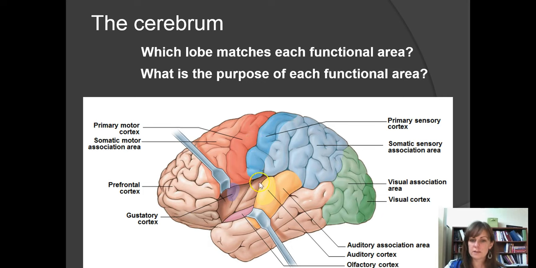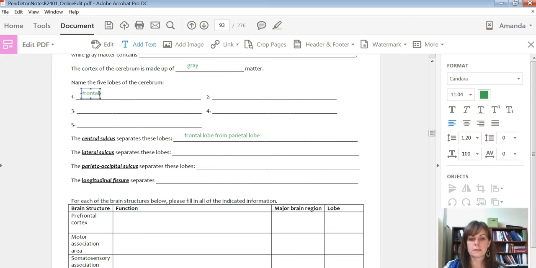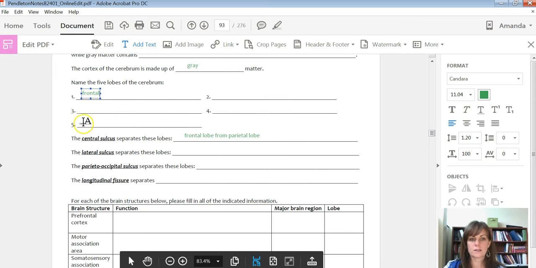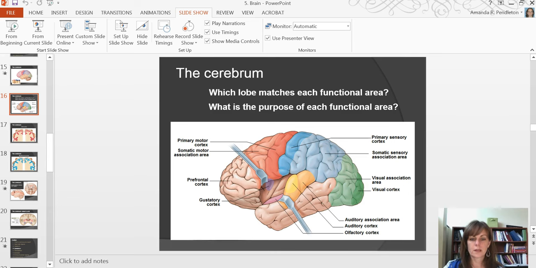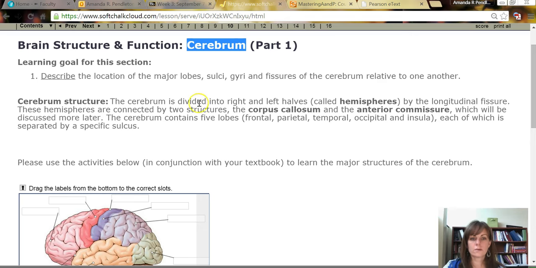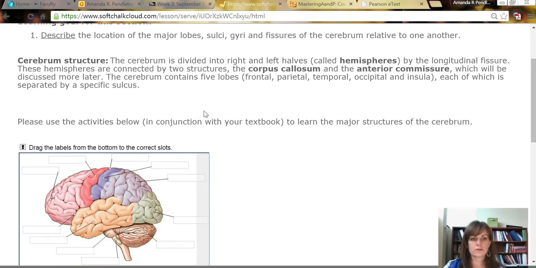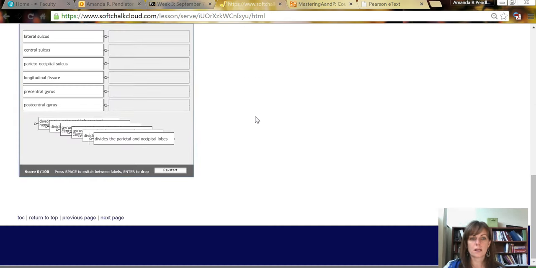And if you look deep inside, right here, there's actually another lobe, and that lobe is called the insula. So after you list out the 4 lobes we've already talked about, you also need to list out the insula. So those are going to be the different structures of the cerebrum. We'll talk about these 2, corpus callosum and anterior commissure, on a later page.